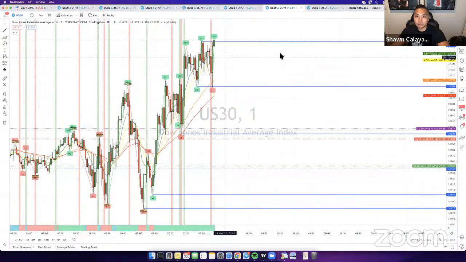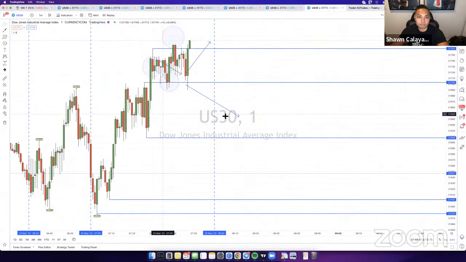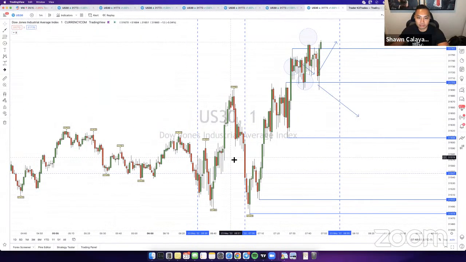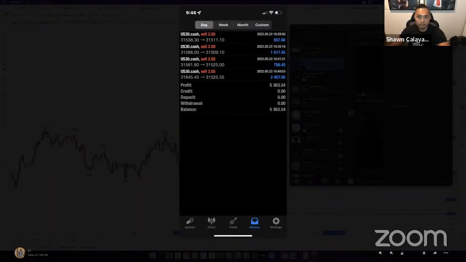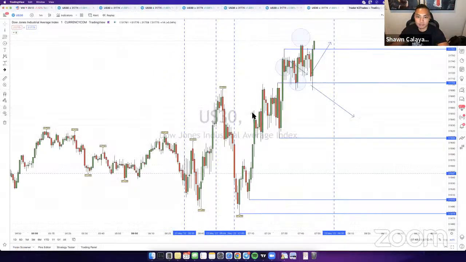You can't really tell here, but this is where JJ took his trades, from right here until 6:49. So even though price was pushing up, he was still trading in the direction of the bias, and he locked in some pretty good profit. Nice work, JJ, with the consistency.